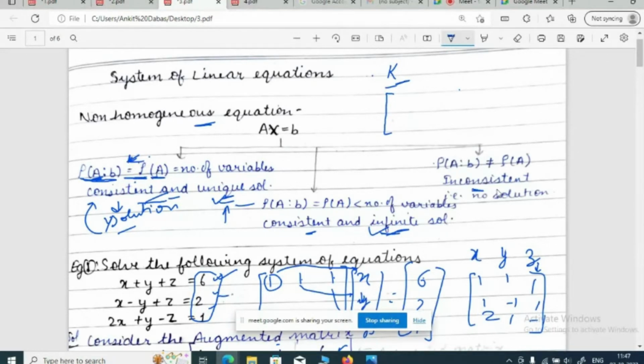If this equality doesn't hold, the system will be inconsistent. Now when this equality holds, if the rank is equal to the number of variables, like here we had x, y, z as 3 variables, so if the rank of the augmented matrix and of A turns out to be 3, the system will have a unique solution. But if it turns out to be less than 3, then it will have infinite solutions.